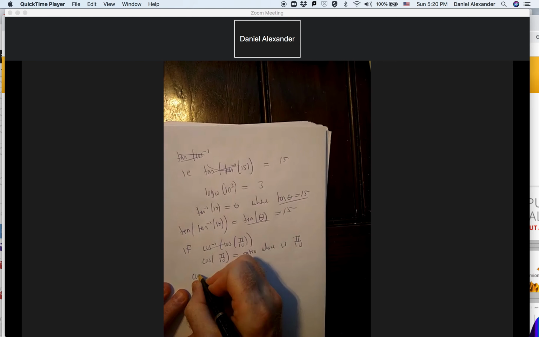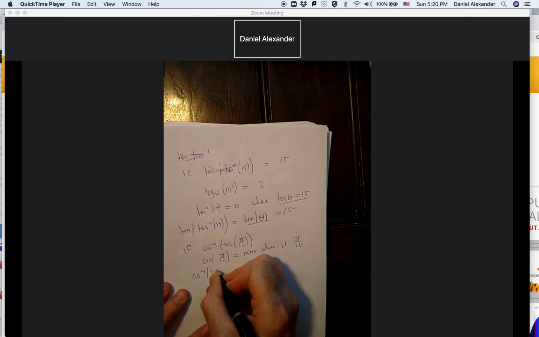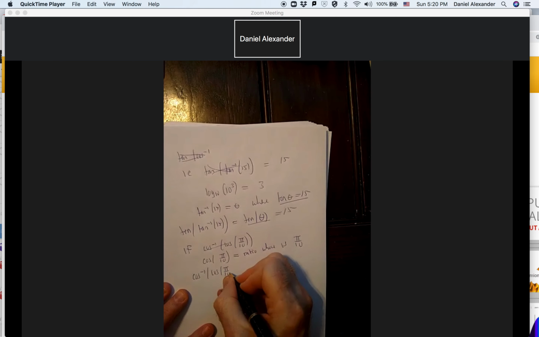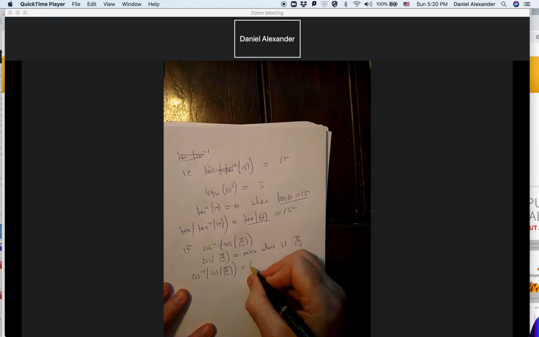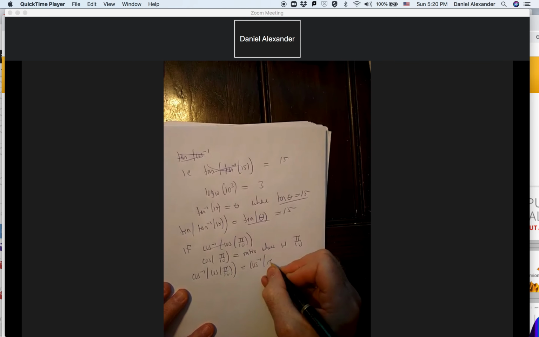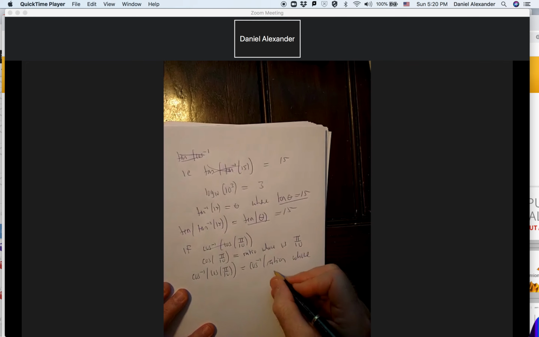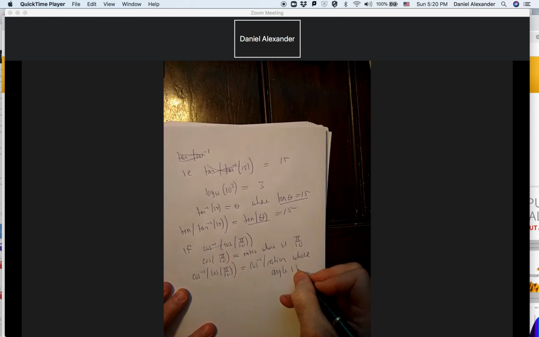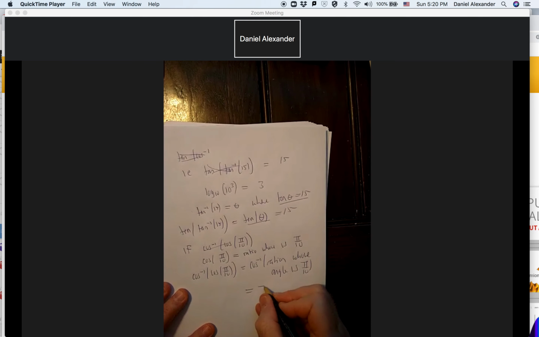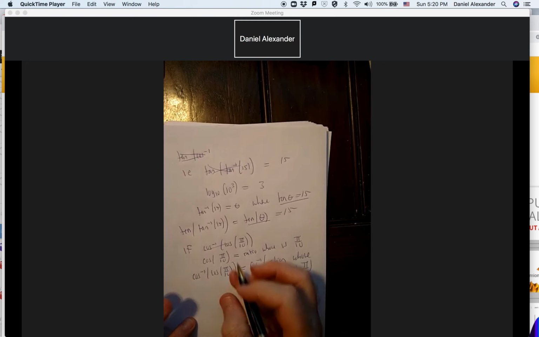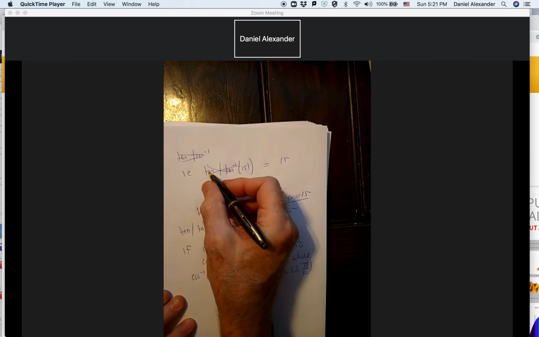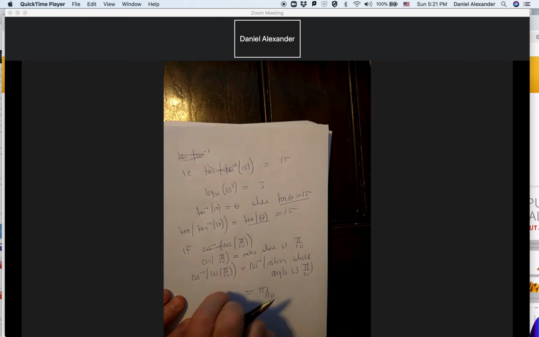So the cos inverse of the cos of pi over 10 is the cos inverse of a ratio whose angle is pi over 10, and that's going to be pi over 10. No matter how you get it, you can think of them as canceling, or you can reason through it. I like to reason through it because I think it's useful.